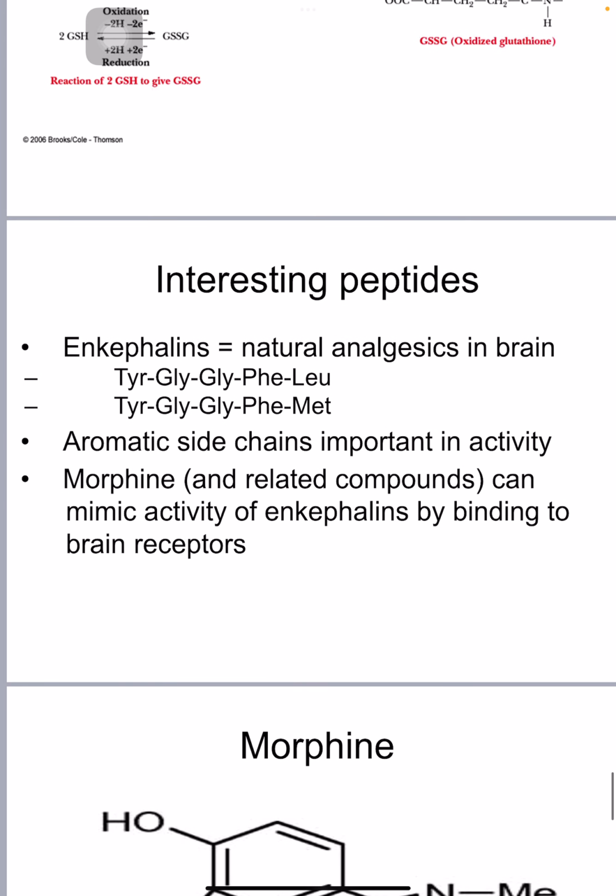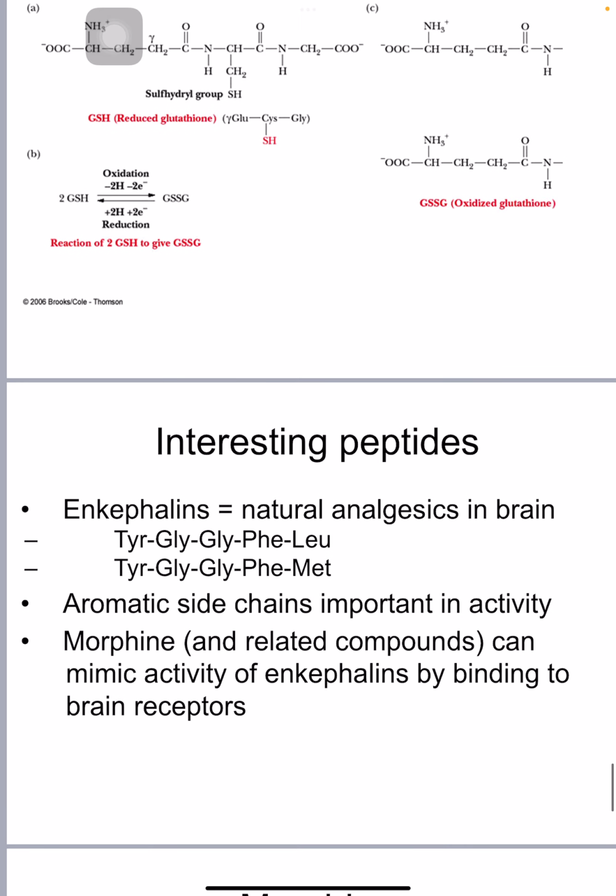Another interesting group is enkephalins. A lot of people get these mixed up with endorphins. These are similar but kind of different. These are pentapeptides, right? And there's a couple of different forms of them that are almost exactly the same, except for the carboxy terminus, where one of them is a leucine and the other one is a methionine.